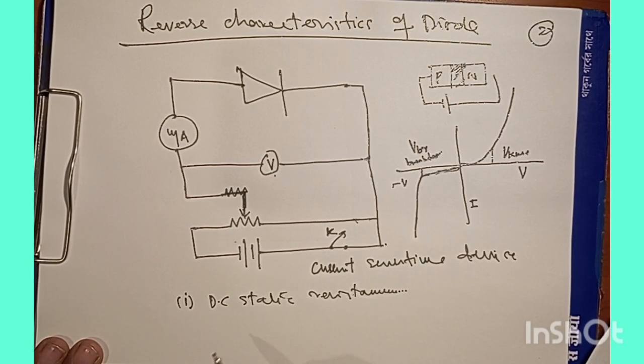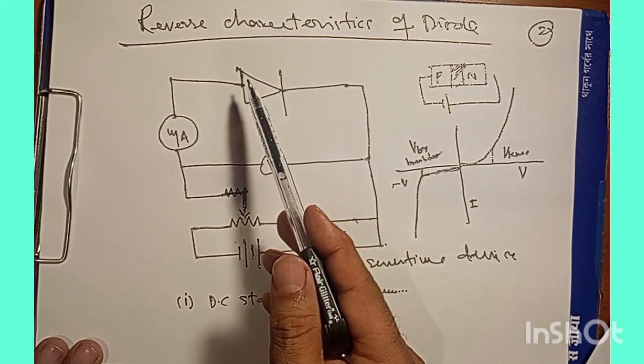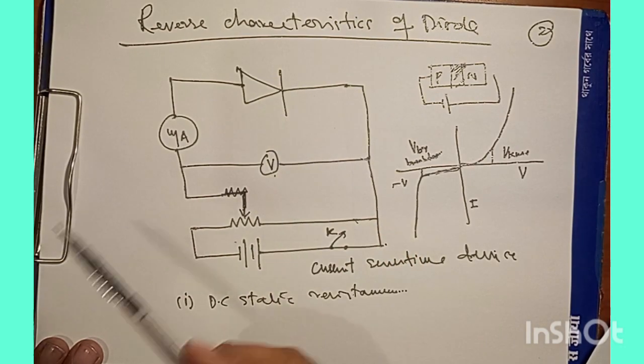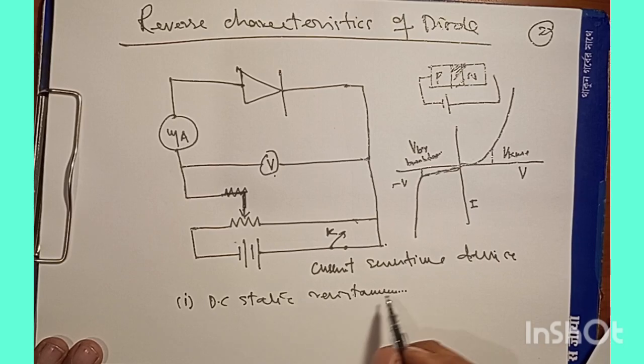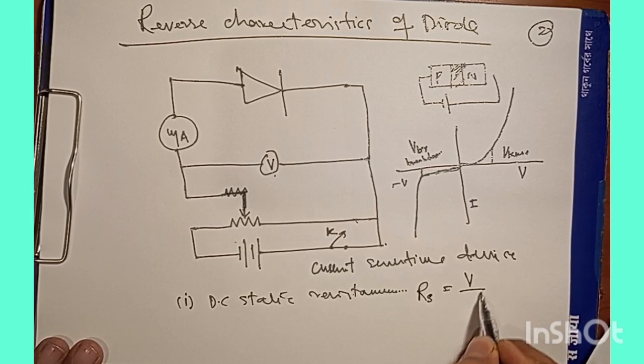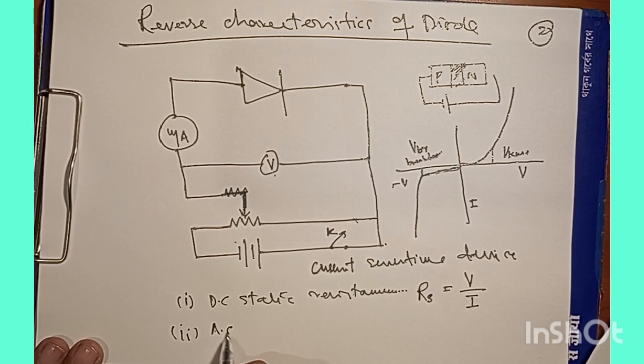One resistance is what is called static resistance. It is defined as the ratio of the DC voltage across the diode to the direct current flowing through it. So this DC static resistance, if I call it RS, is simply V by I. The second is the AC or dynamic resistance.